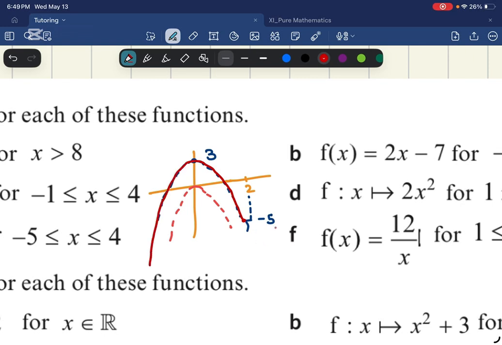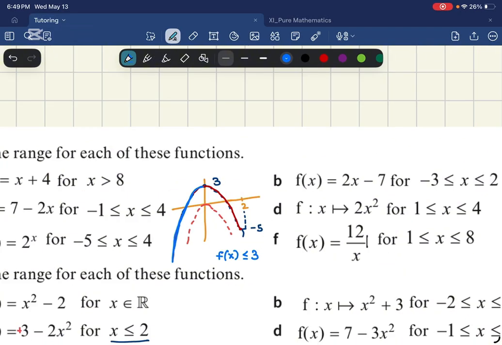So I don't need to consider anything bigger. So my range is just going to be in this light blue area, because this light blue area already covers the y points that I have drawn on the right hand side with the red line, right? So my function f of x is going to take values that are less than or equal to positive 3. So that is going to be my range for C.